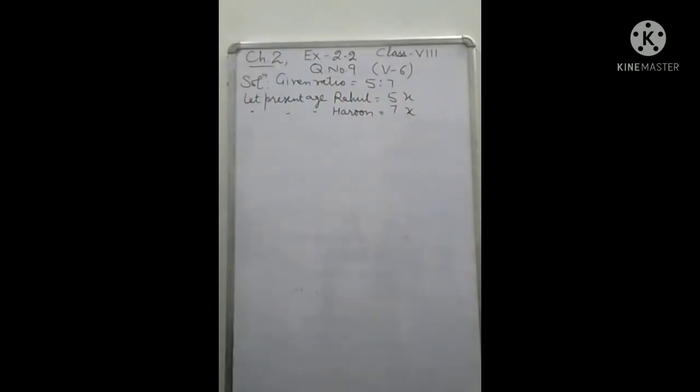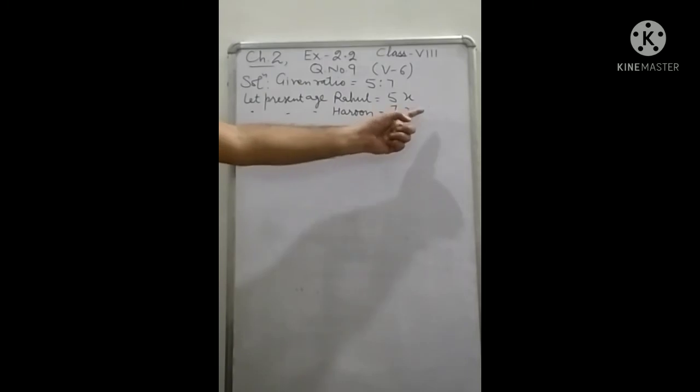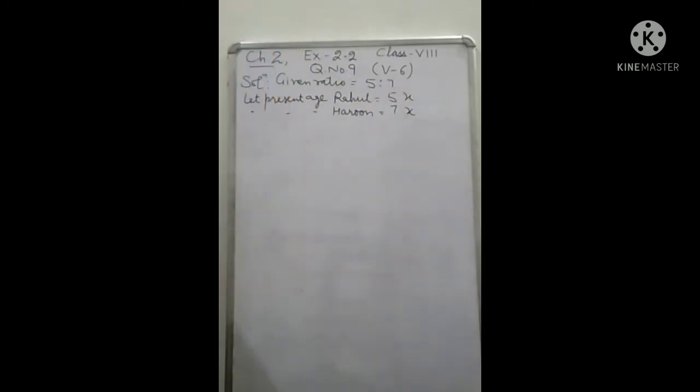Now it is given that 4 years later the sum of their ages will be 56. The present age of Rahul is 5x now, and after 4 years we will add 4 to this. In the same way, the age of Harun after 4 years will be 7x plus 4. According to the question, the sum of their ages will be 56.